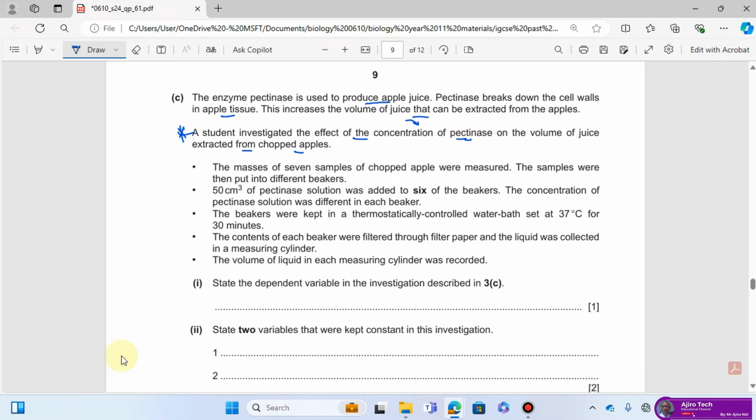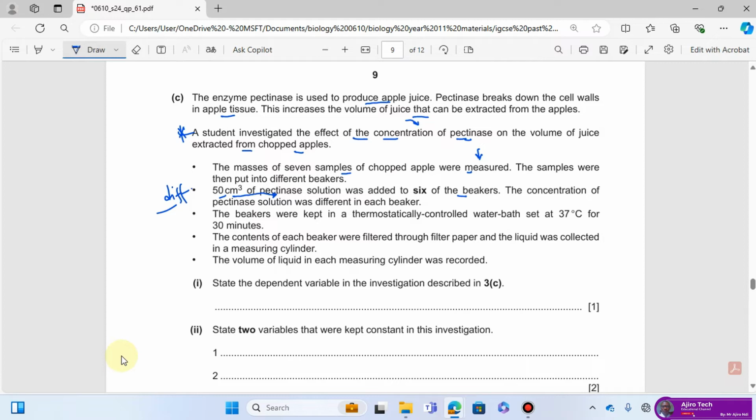It says the masses of 7 samples of chopped apple were measured, and the samples were put into different beakers. What is changed here is the pectinase solution added to the 6 beakers, in different concentrations. So what was changed? Different concentrations of pectinase solution, which is an enzyme, but using the same volume.